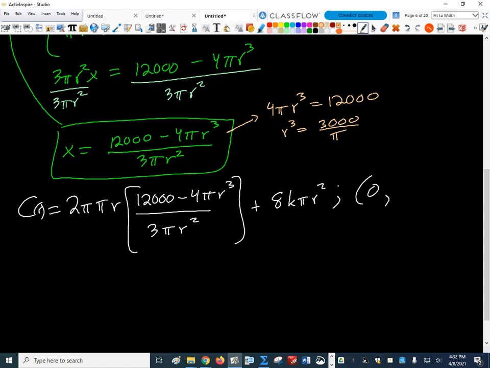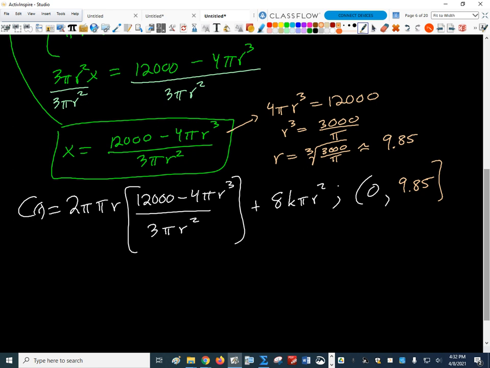So r would equal the cube root of 3,000 over pi, which is roughly 9.85. Okay, and so that's the upper limit for r.